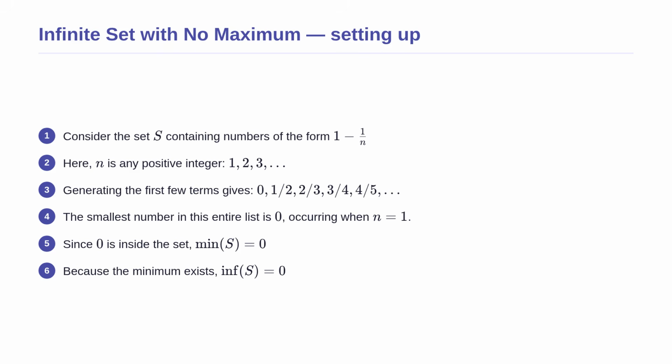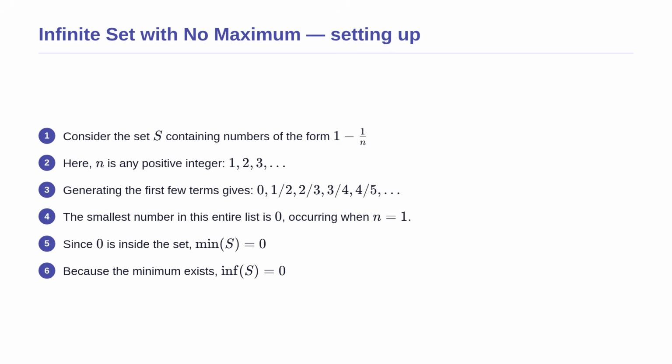Let us move to a more complex example, an infinite set with no maximum. We want to find the supremum and infimum of the set containing all numbers of the form 1 minus 1 over n, where n is any positive integer. First, we write out the first few terms by plugging in n equals 1, then 2, and so on.